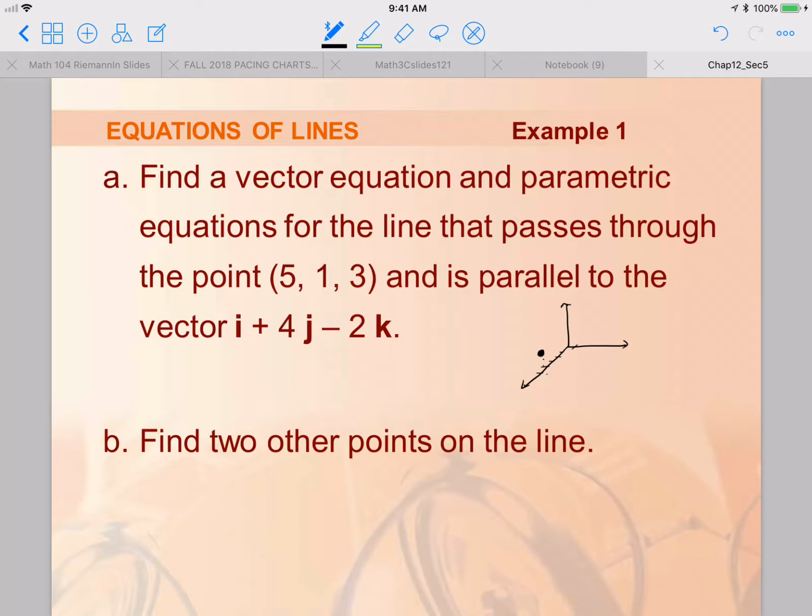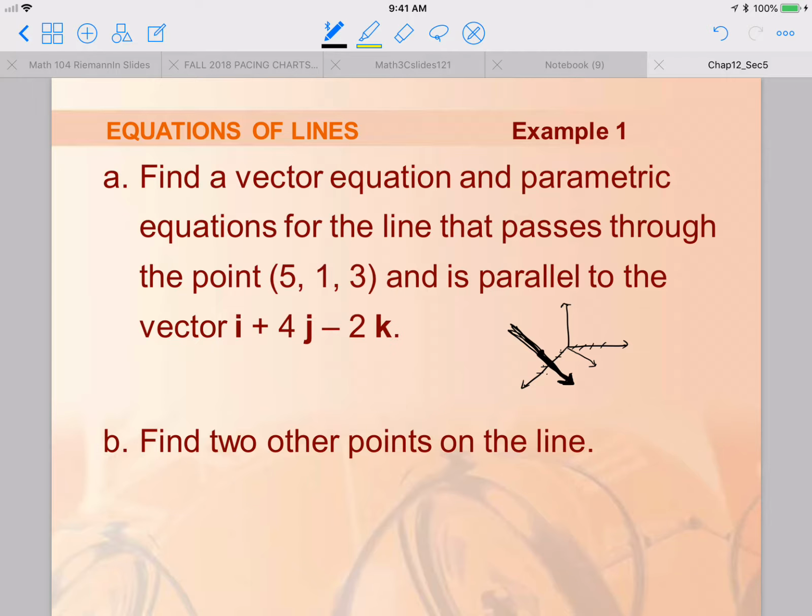So we want the line that passes through the point (5, 1, 3) and is parallel to i plus 4j, and then minus 2k. So that is kind of going down. So we want the line to be going in that direction, if that makes sense. This is just a rough sketch.